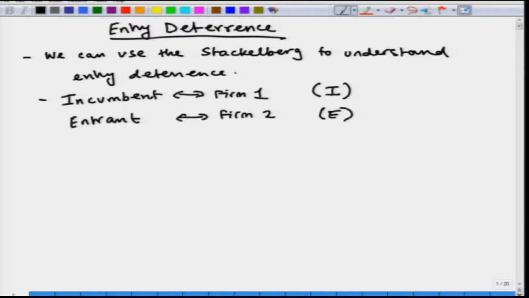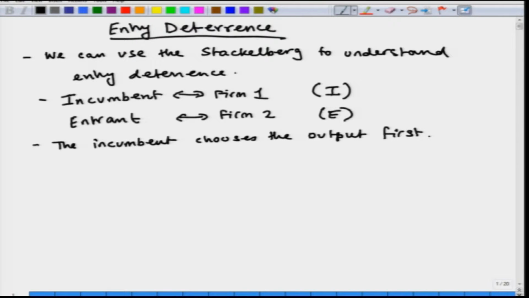So, the incumbent, which is the Stackelberg leader, chooses the output first.